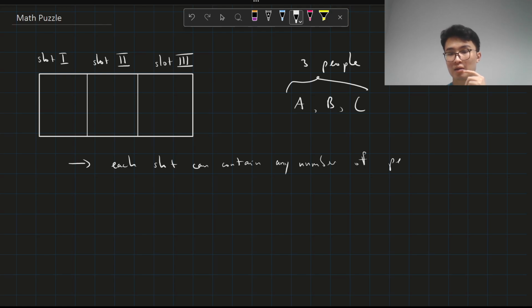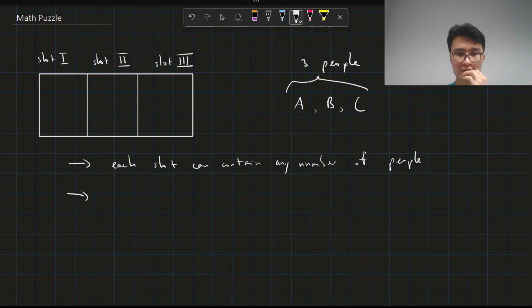So the first slot can contain no one, zero, there's no one in slot number one, or it could contain A, or it could contain A, B, C. It could contain everyone, but then it would mean that the remaining slots would have no one. So each slot can contain any amount of people.